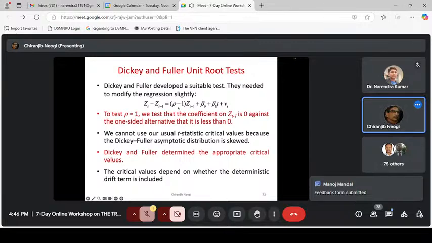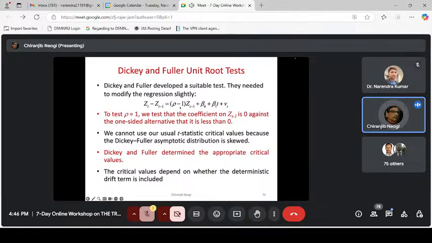And if rho is not equal to 1, this is not equal to 0. So instead of testing rho is equal to 1, we can test that the coefficient of zt minus 1 is 0 against the one-sided alternative, that it is less than 0.